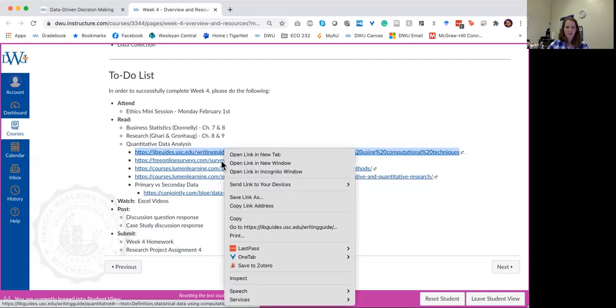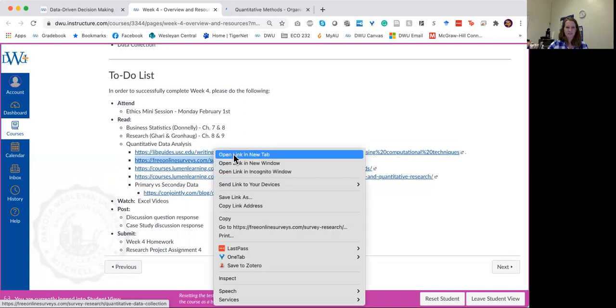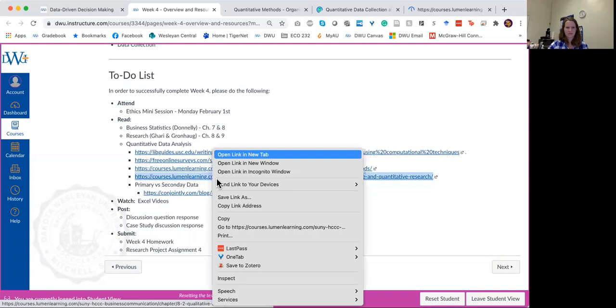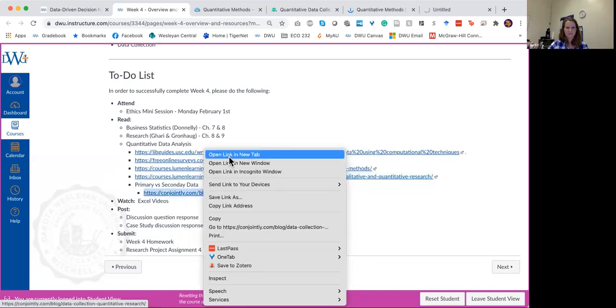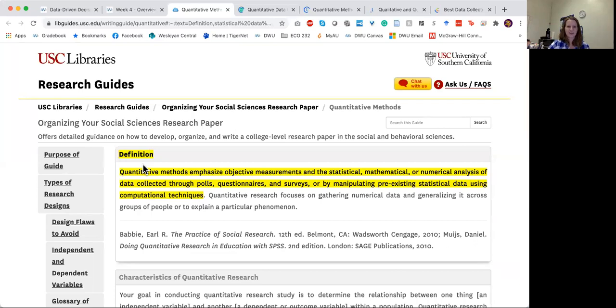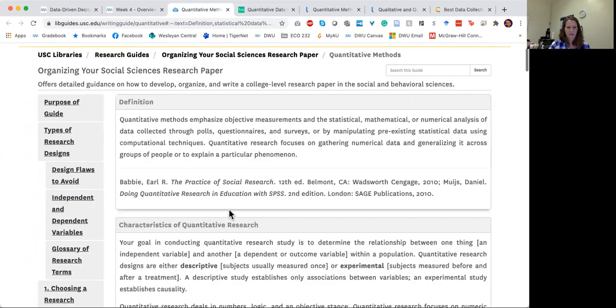And I've got some other resources for you here. I'll just have them open up and then we will look at them. All right, so this first one comes from the USC libraries. Just looking at what is quantitative methods. What does that mean? Last week's research resources were more along the lines of qualitative data and those methods. So what does it mean to have quantitative data in those methods?